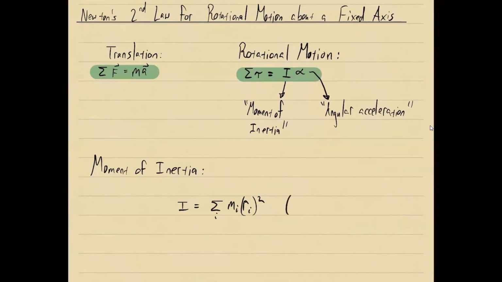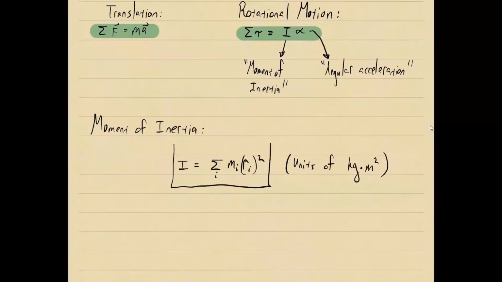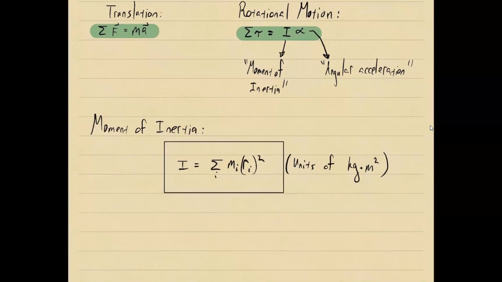So this is going to be in units of, we have here units of mass, so that's going to be kilograms. Then we have here the units of distance squared, so the units of the moment of inertia are always going to be kilograms times meters squared. So that's how we calculate the moment of inertia.